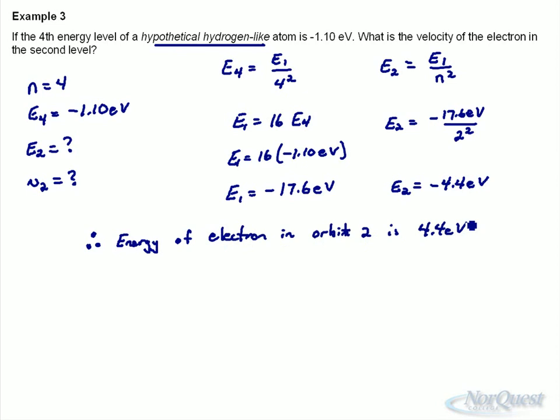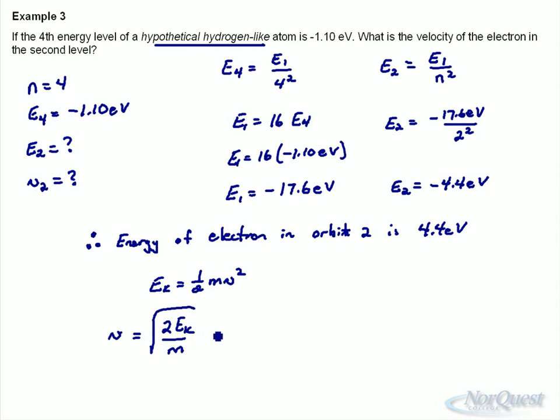So if this is the energy of the particle, we can then say that it's all kinetic because the electron has very little mass, so the potential energy is minimal. So the energy of the electron will be equal to 1/2 mv squared. Solve for the velocity. Well, 2Ek divided by m, square root, equals velocity.